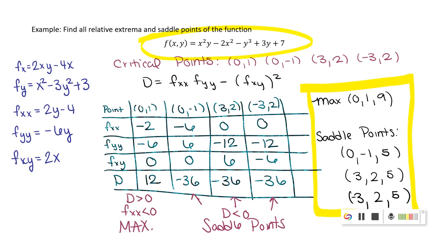I got an output of 5. And then the same thing actually happened when I plugged in the (3, 2) and the (-3, 2). I got 5 for all those. So I have now circled on the screen my final answer. My max is at the point (0, 1, 9). And then I've got those 3 saddle points listed at the bottom of the screen.